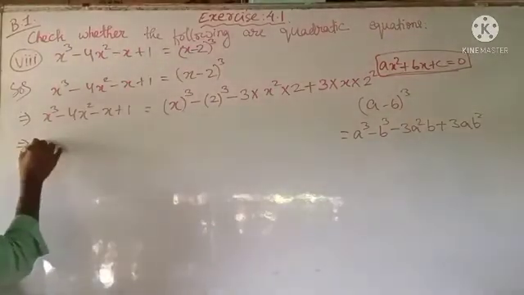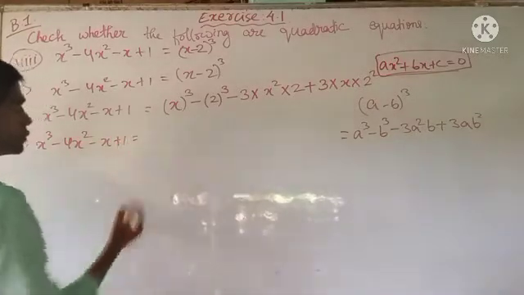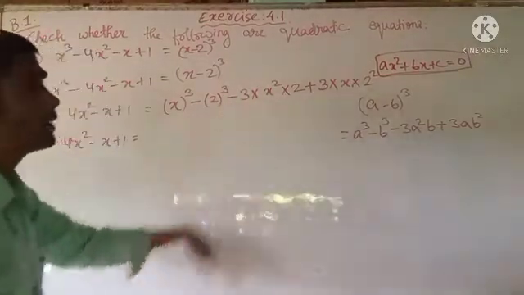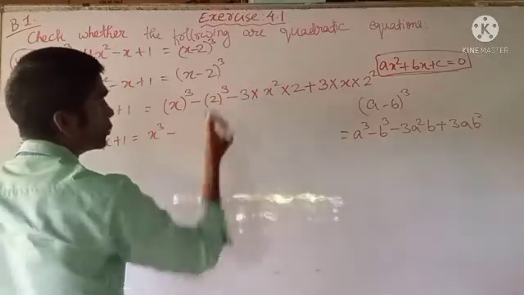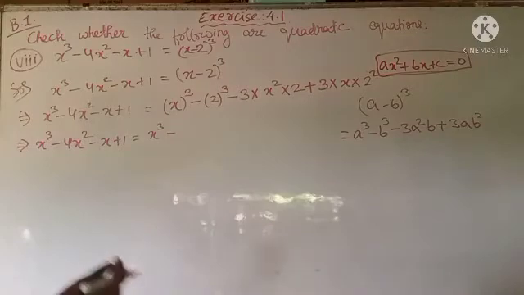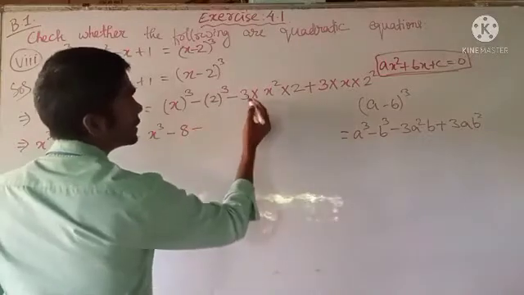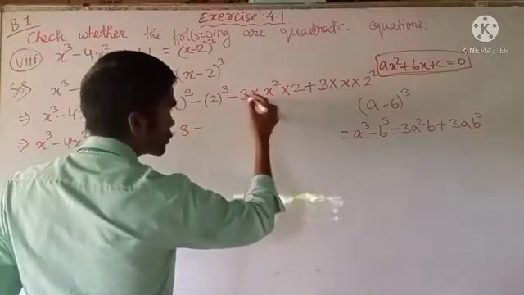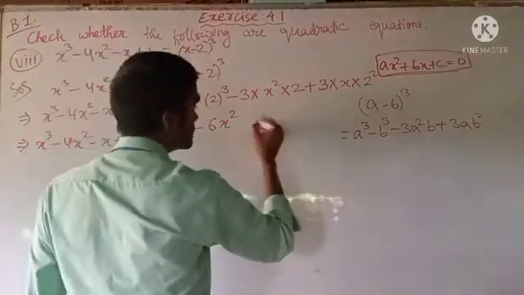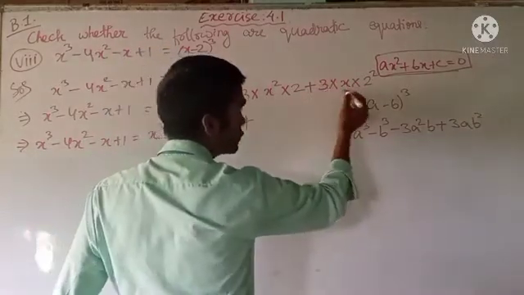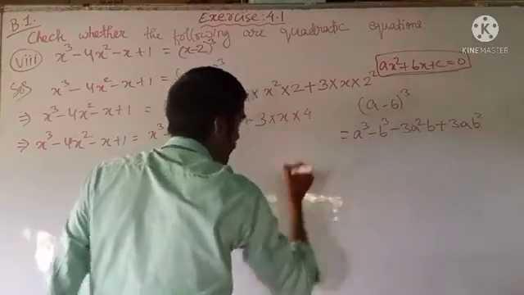Now we will solve it again, that is x cube minus 4x square minus x plus 1 is equal to, let us multiply them and remove the powers here, that is x cube will get here x cube minus 2 cube, that means 2 is multiplied 3 times, that is 2 into 2 into 2, so 2 into 2 4 into 2 will get here 8 minus 3 into x square into 2, so 3 into 2 will get here 6 x square plus again 3 into x into 2 square, it is 4.